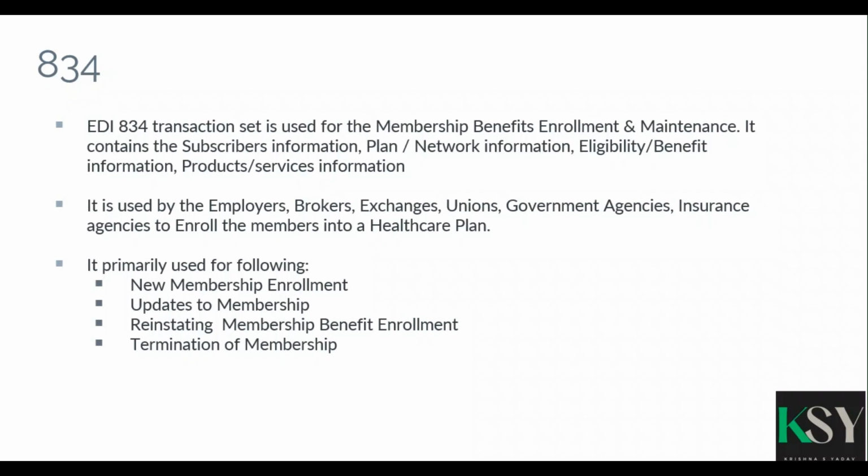It is primarily used for enrolling a new membership, which happens annually, or if you need to send updates over to the members, the 834 transaction can be used, or reinstating any membership or termination of a membership. So these four primary categories is what the 834 transaction would send the data as.